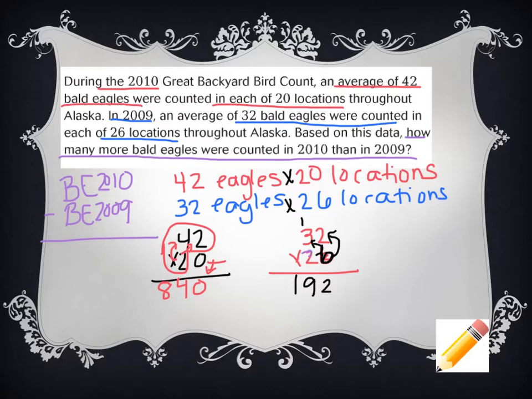Since I'm going to multiply by my two tens, I put my 0, and now I think about multiplying by 2. 2 times 2 is 4, and 2 times 3 is 6. Since the 1 was regrouped from before, I don't add it again. I add to find my total answer. 2 plus 0 is 2, 9 plus 4 is 13, and 6 plus 2 is 8, giving me 832.